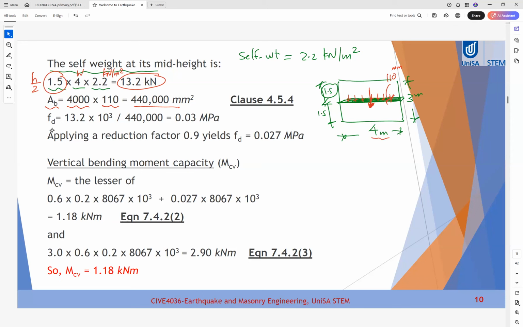So the compressive strength at mid height will be 13.2 times 10 to the power 3 to make it Newton, over the bedding area in millimeter squared. So the value of FD is 0.03 MPa. And the standard asked to apply a reduction factor for FD of 0.9. So the value of FD equal to 0.9, the reduction factor, times 0.03, which is equal to 0.027 MPa.